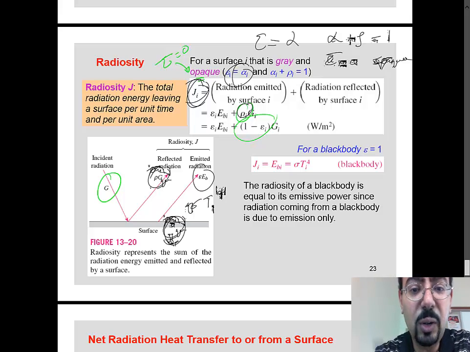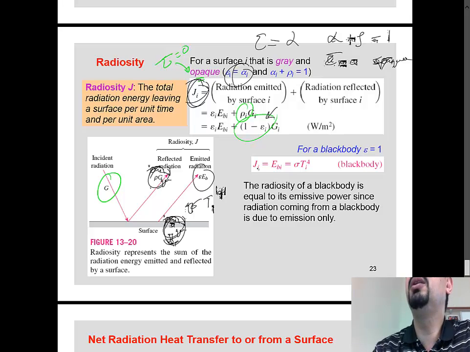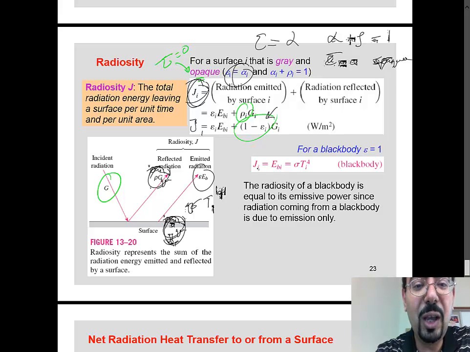So here we remove rho and replace it by 1 minus alpha, except that alpha is also epsilon, for a gray body, alpha is epsilon. So rho now is 1 minus epsilon. And so at the end, Ji is epsilon times E black body radiation plus 1 minus epsilon times Gi.